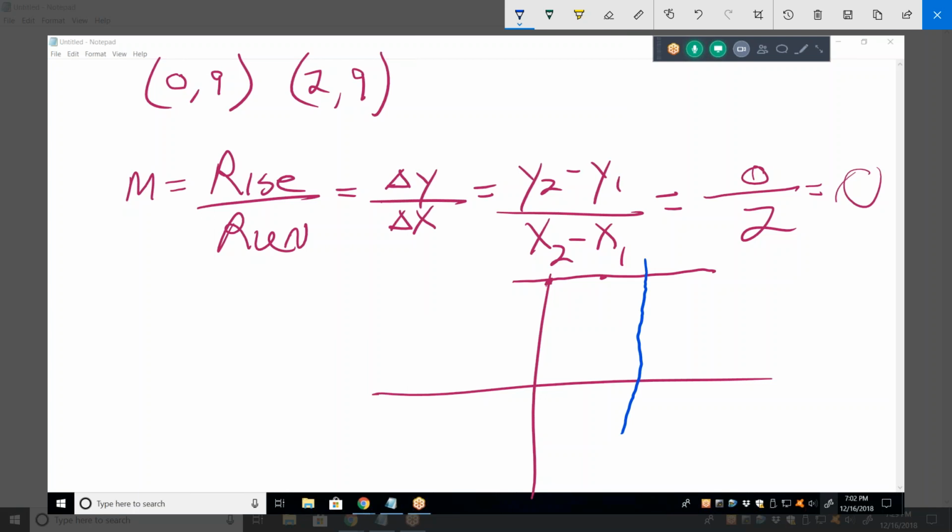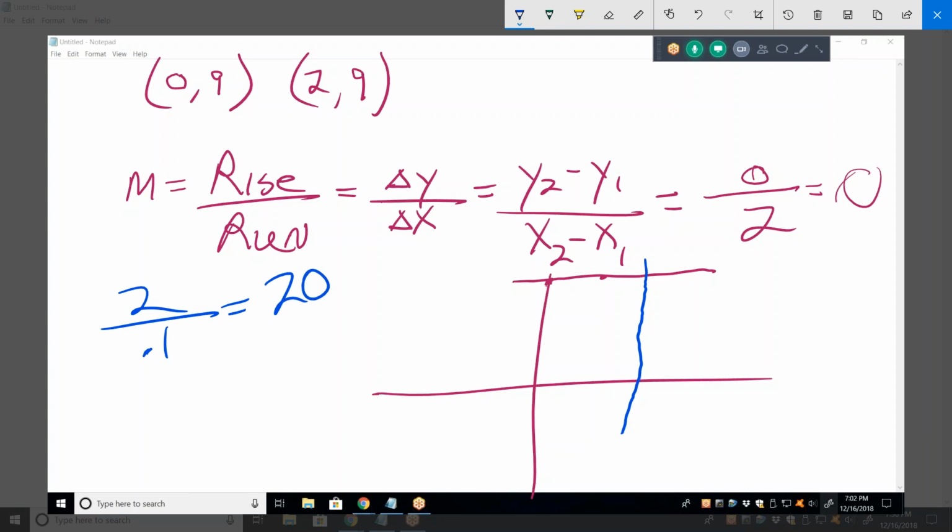2 over 0. Which is what? It can't be divided. Undefined. In other words, whenever you divide by 0, you can't divide by 0. So it's essentially infinity. That's something worth knowing. If I take 2 and divide it by 0.1, it's equal to 20.